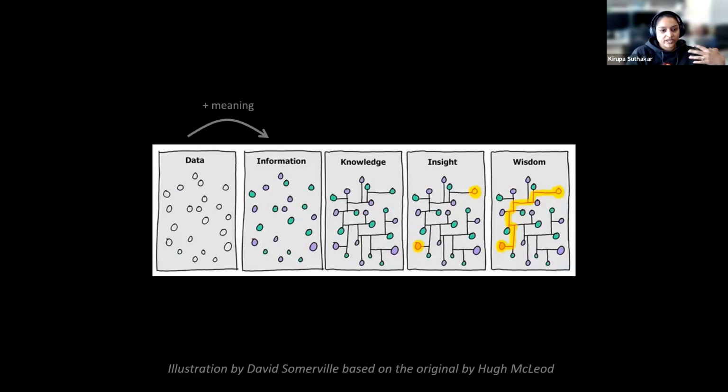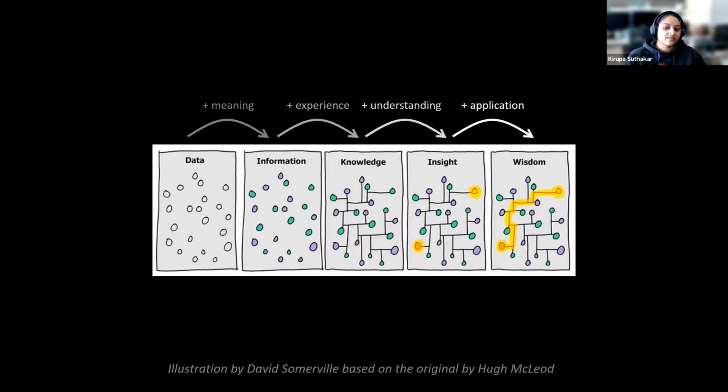So data, we add meaning to get information. Maybe we add some more experience to gain knowledge. Perhaps we have better understanding with that experience that brings us to insight. And ultimately, when we apply that insight to things, we have wisdom. This is the way to think about this from numbers to meaning.